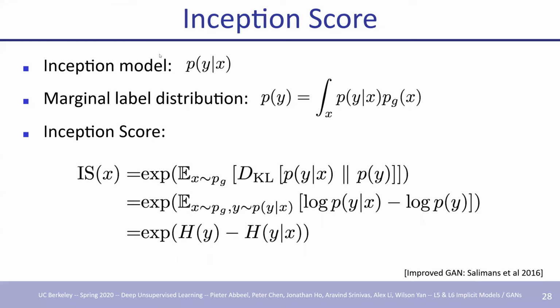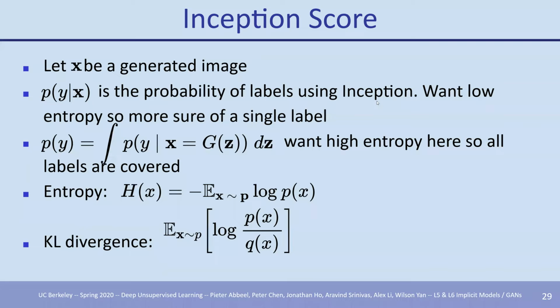So in this inception model, we have p(y|x). X is the image that we generated, and this gives us the labels for that particular image. And then the marginal label distribution is all the labels from all of the images that we generated. This is written slightly differently than mine.